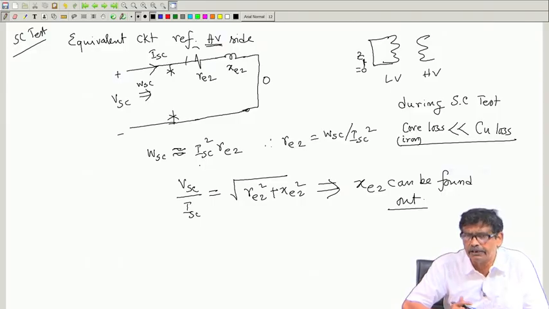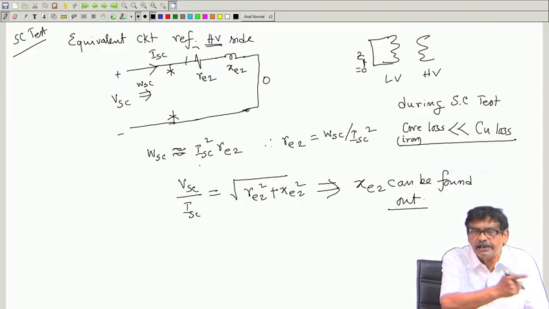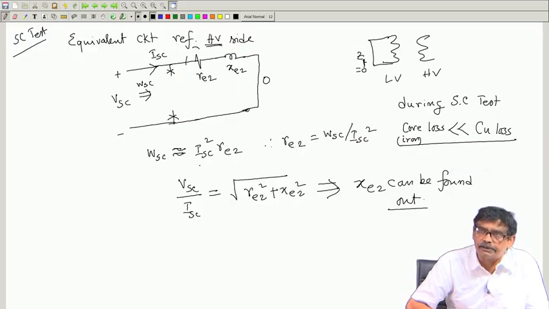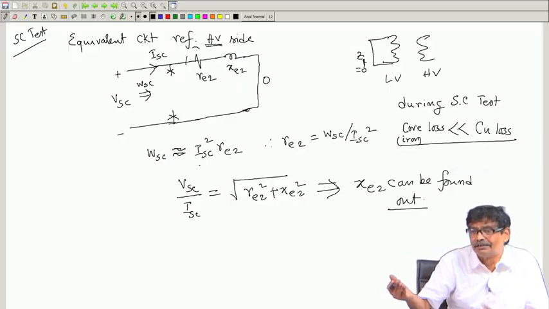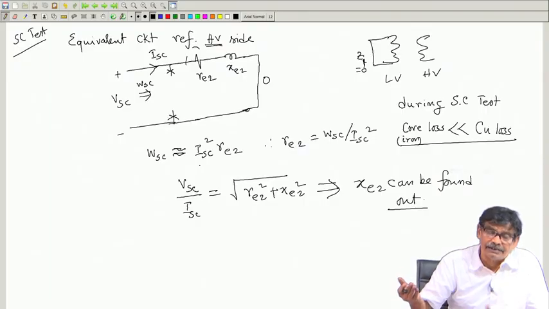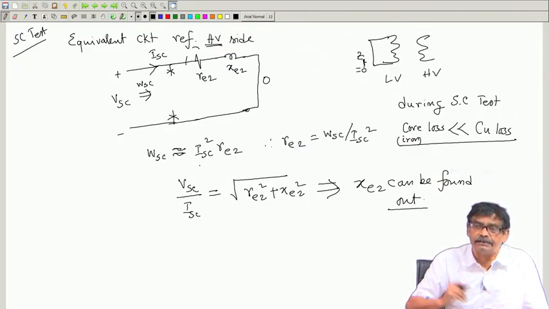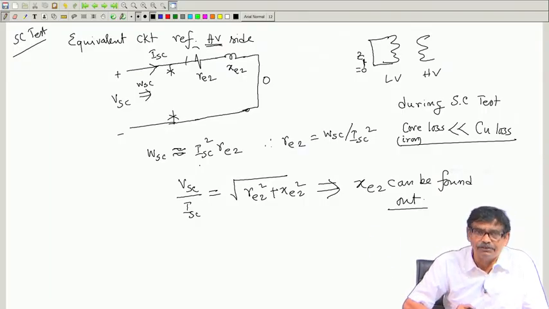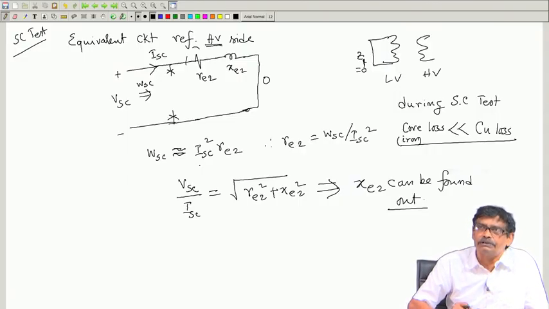He decides, okay, with respect to side 1 I want to draw the equivalent circuit, or somebody else would like to draw the equivalent circuit referred to the secondary side. But nonetheless, whichever side you draw, your end results will come the same. So you need not worry about this. You choose a side with respect to which to draw.